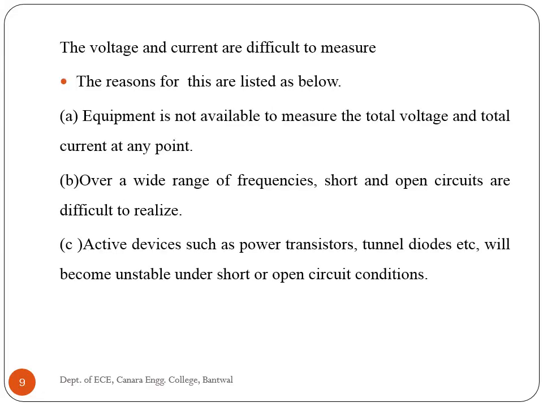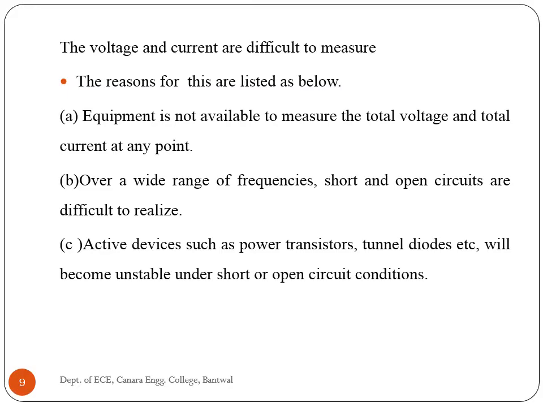Impedance, admittance, hybrid, and ABCD parameters can be easily measured at low frequencies under short or open circuit conditions and can be used for analyzing the circuit. At microwave frequencies, the voltage and current are difficult to measure because equipment is not available to measure the total voltage and total current at any point.